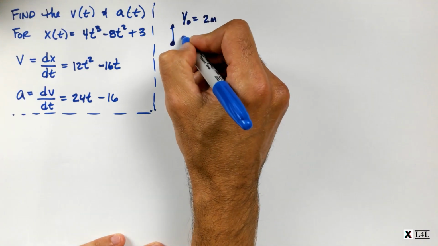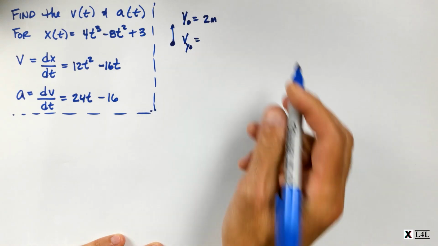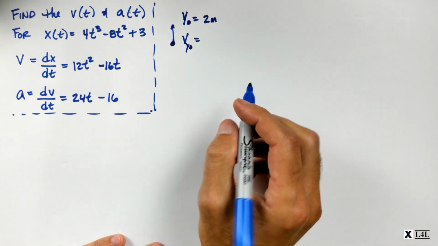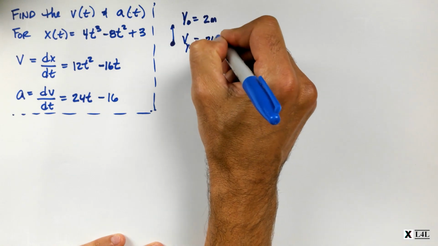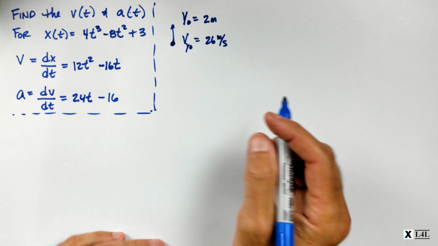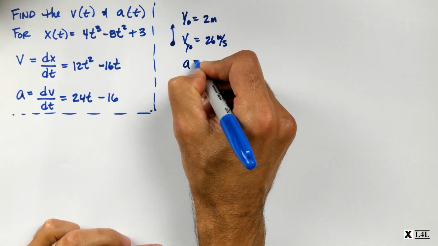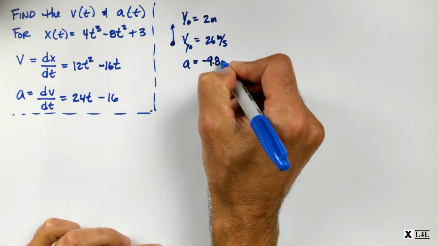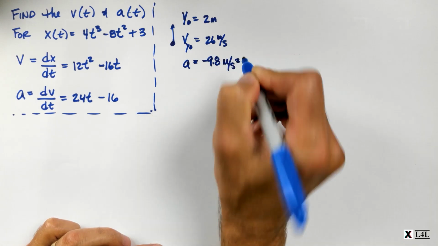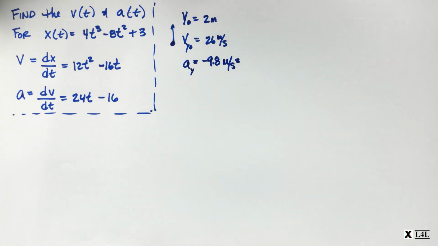And the initial velocity in the vertical is going to be, let's say, 26 meters per second. And we are throwing it straight up into the air, so the acceleration, which we know is negative 9.8 meters per second squared in the vertical. So we could say this is the y acceleration in the vertical.